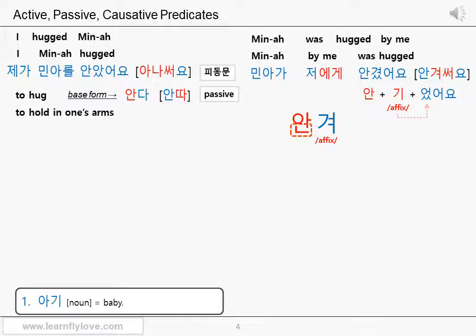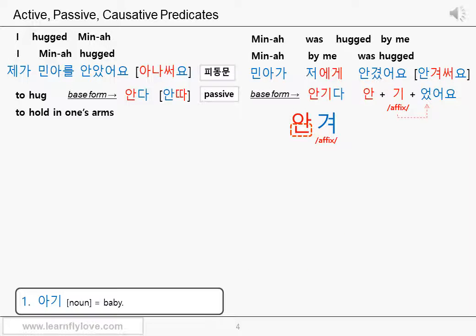It's the affix. That is why. So 안겼어요 is fine. 안 껴었어요 is wrong. 미나가, by me, 저에게 was hugged. 안겼어요. 미나가 저에게 안겼어요.